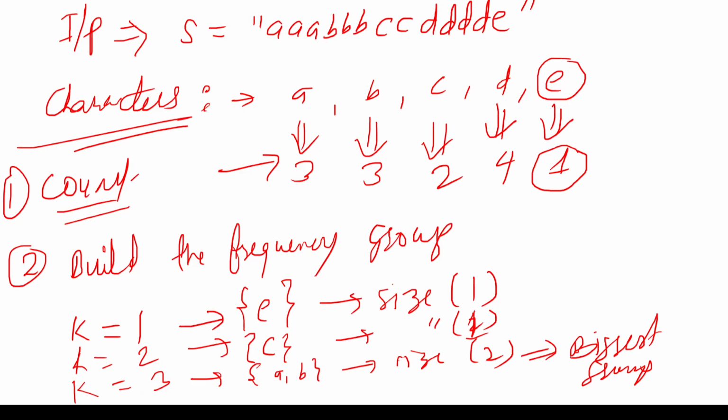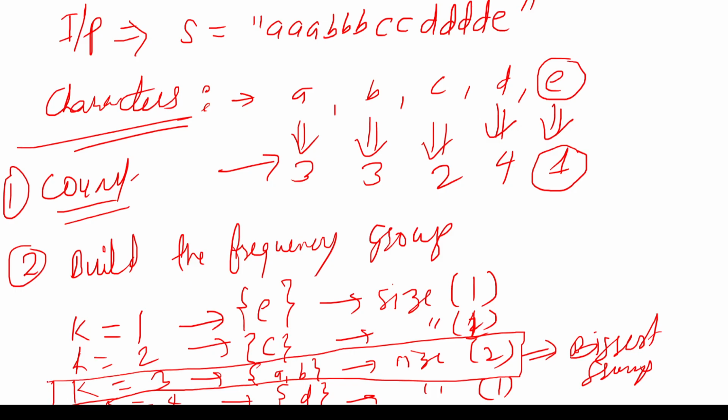Next we have k equal to 4, and that is D, and its size is also 1. So you have seen that k equal to 3 became the biggest group. Why?